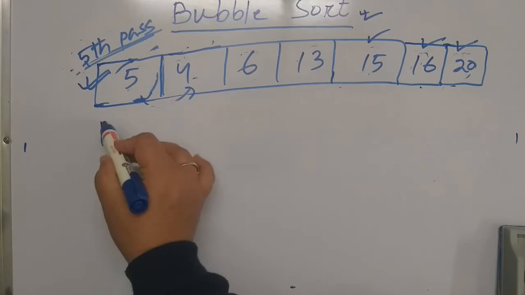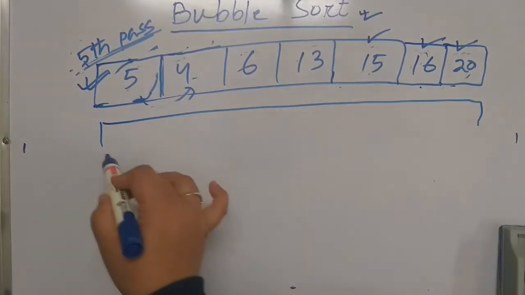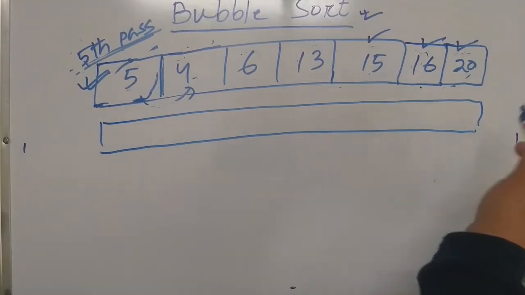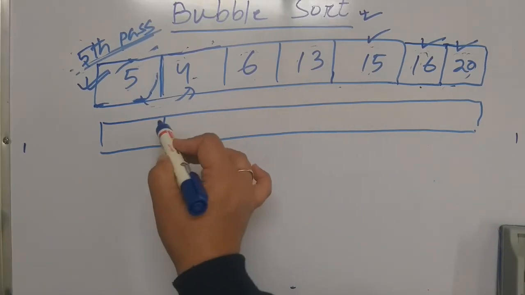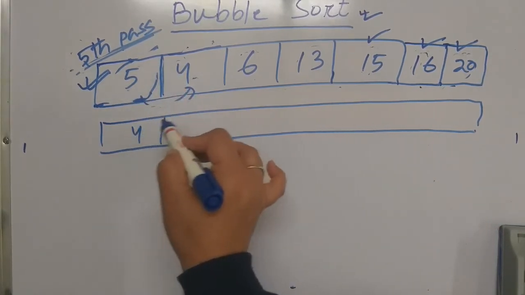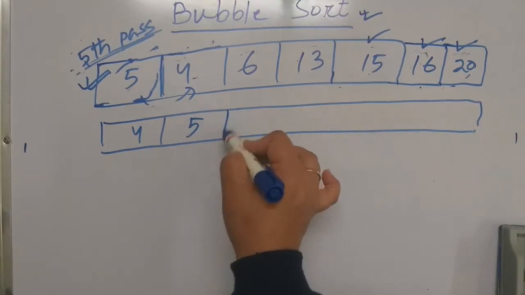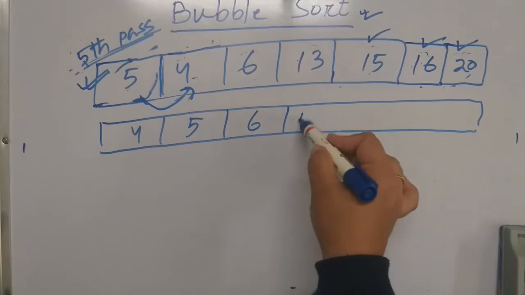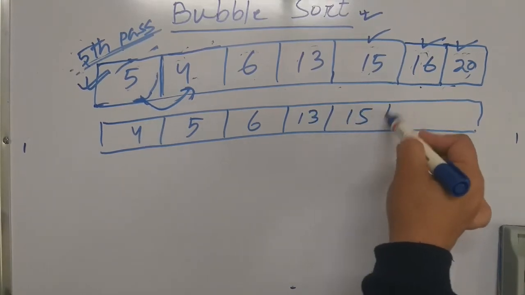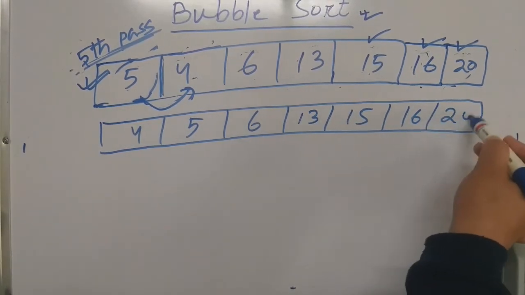Here 4 is compared with that of the 5. Okay, so whenever 4 is compared with 5, I know that the 4 is smaller than that of the 5. So we write down 4, 5, 6. This comparison is here, then 13, then 15, 16 and 20.